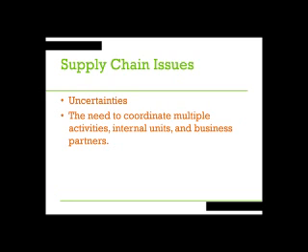Another issue is that we're dealing with multiple vendors, multiple activities, both internal, external, business partners that may be located in another country, another time zone, and all these things have to work together in a coordinated fashion. That is complex, and anytime you have something complex like that, it can create some issues.